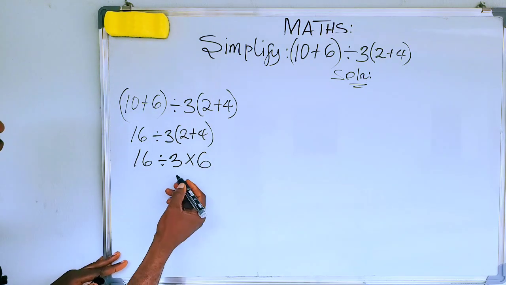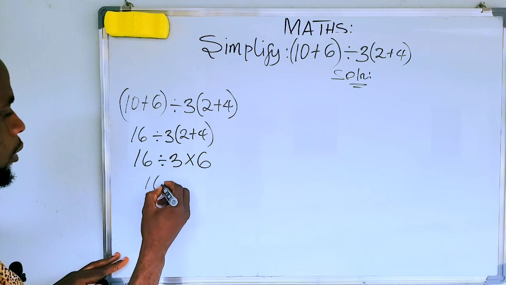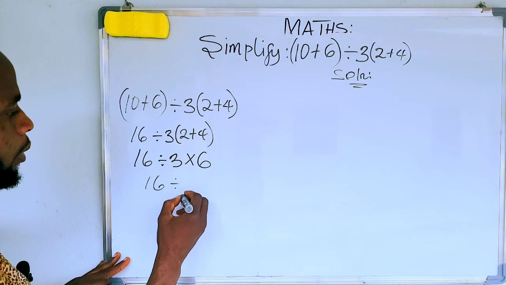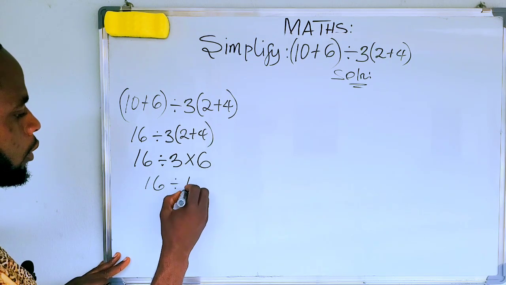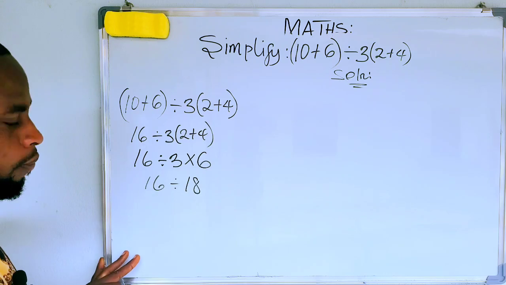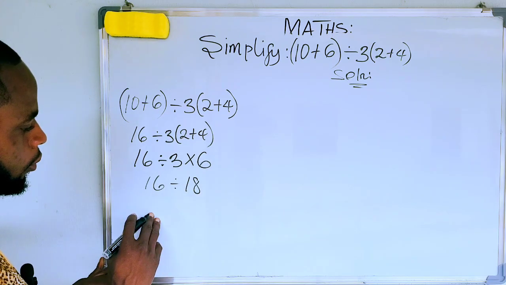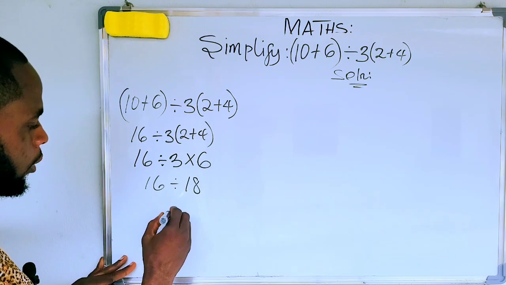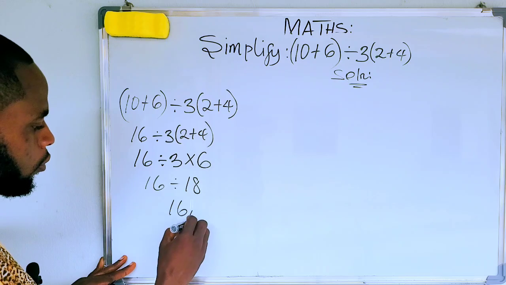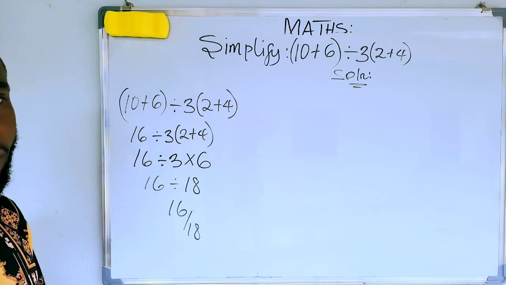And right here, we multiply this out, we have 16 divided by 3 times 6, that is 18. And this is the same thing as 16 all over 18.